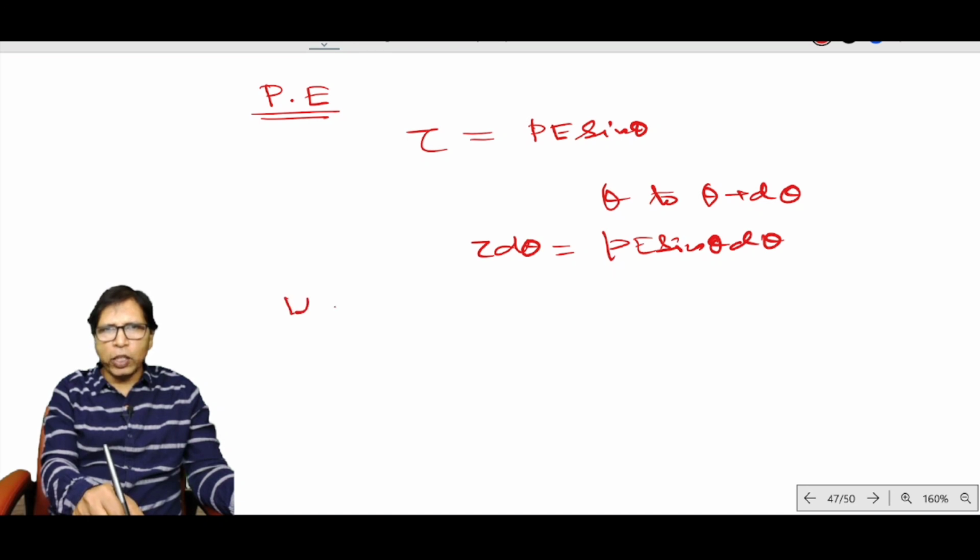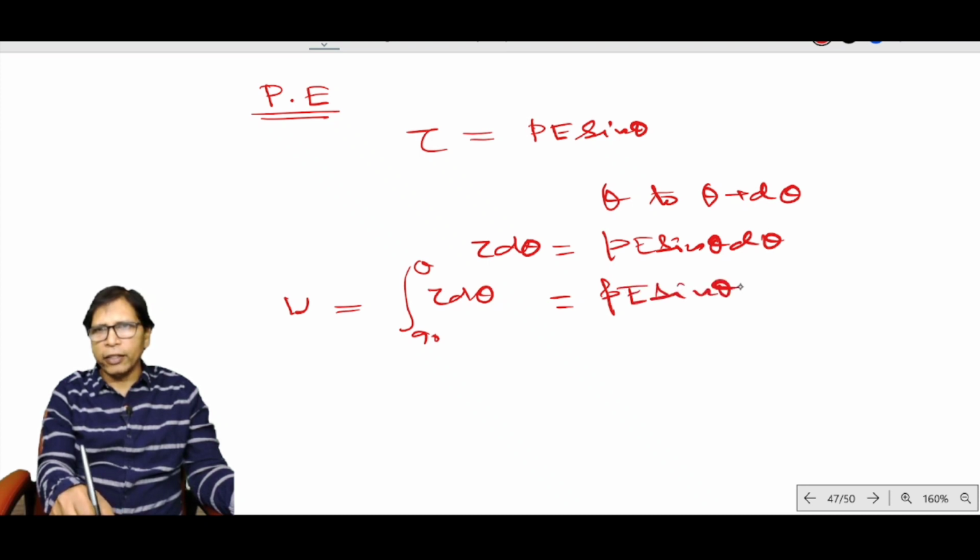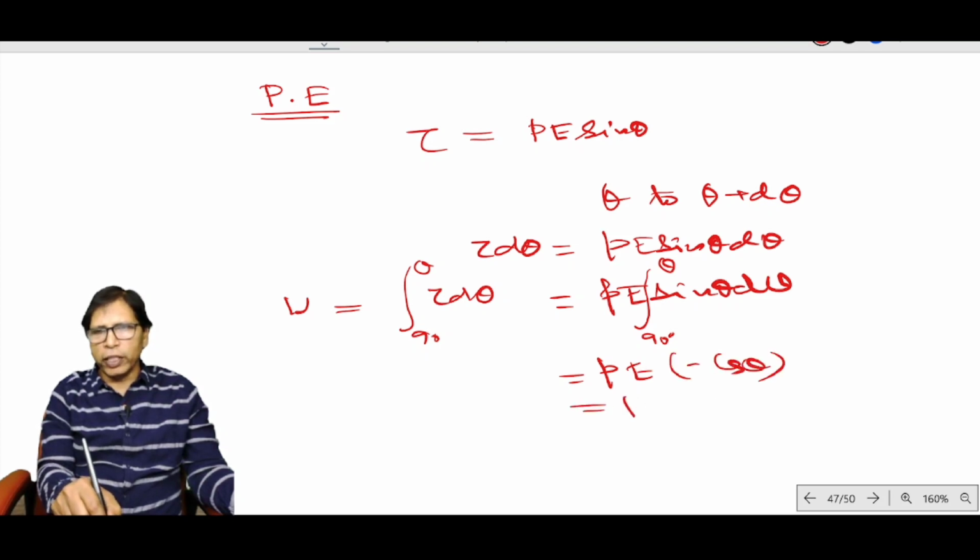Therefore potential energy U equals the integration of tau d theta from 90 degrees to theta, that is P E sin theta d theta integrated from 90 degrees to theta, which gives P E into minus cos theta. Therefore, U equals minus P vector dot E vector.